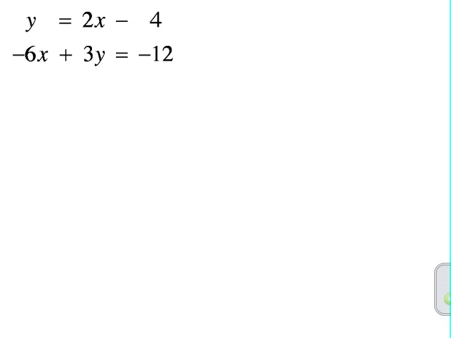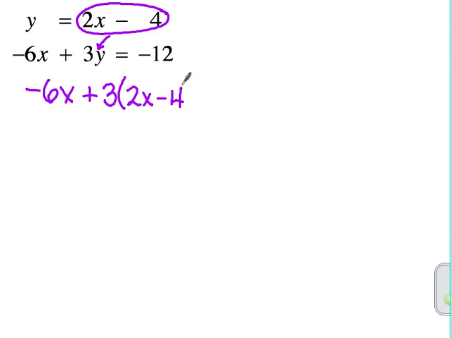So what am I going to do? Use the top equation, and where am I going to substitute that? For the y down below. So I have negative 6x plus 3 times (2x minus 4), and that's going to equal -12.